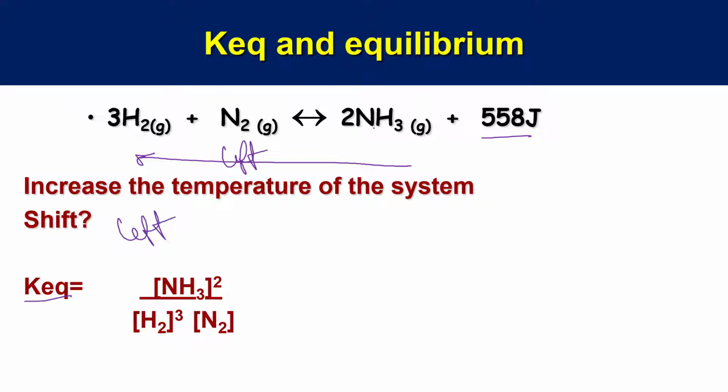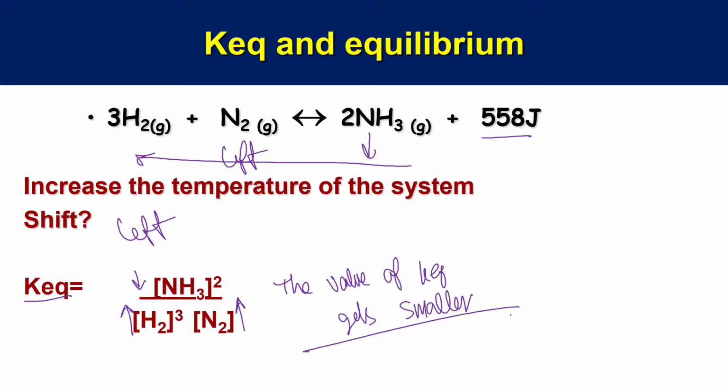So we know by shifting left, the concentration of NH3 is going to go down, and the concentrations of H2 and N2 are going up. Mathematically, your numerator becomes smaller in value and your denominator increases, so the value of Keq gets smaller. So when we have any reaction that shifts towards the reactants, the Keq is going to go down.